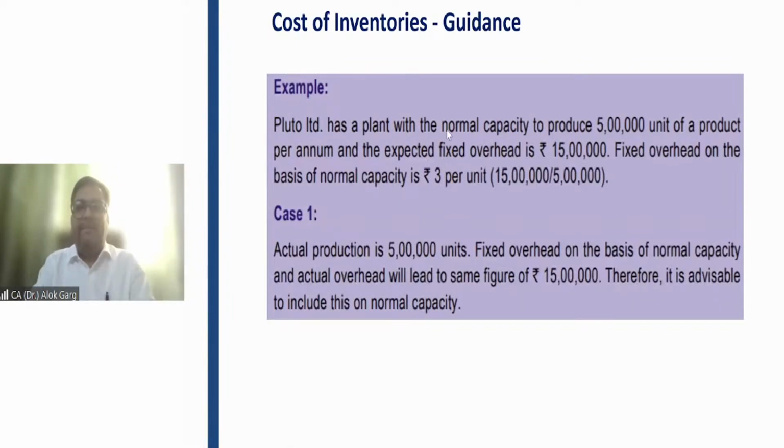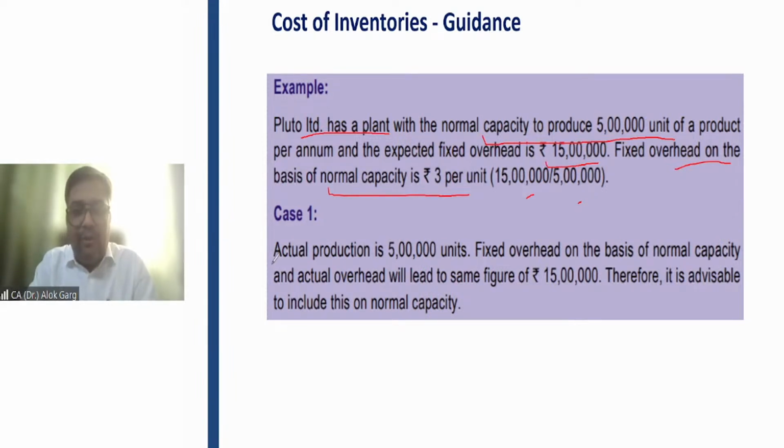Let's discuss this example. Pluto Limited has a plant with the normal capacity to produce 5 lakh units of product per annum and expected fixed overhead is 15 lakh rupees. So fixed overhead on the basis of normal capacity is 3 rupees per unit, which is 15 lakh divided by 5 lakh. Actual production is 5 lakh units.